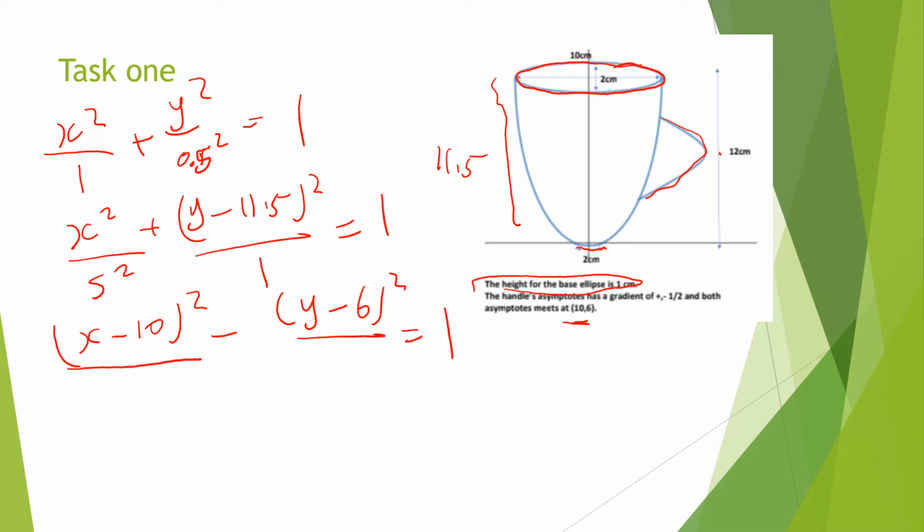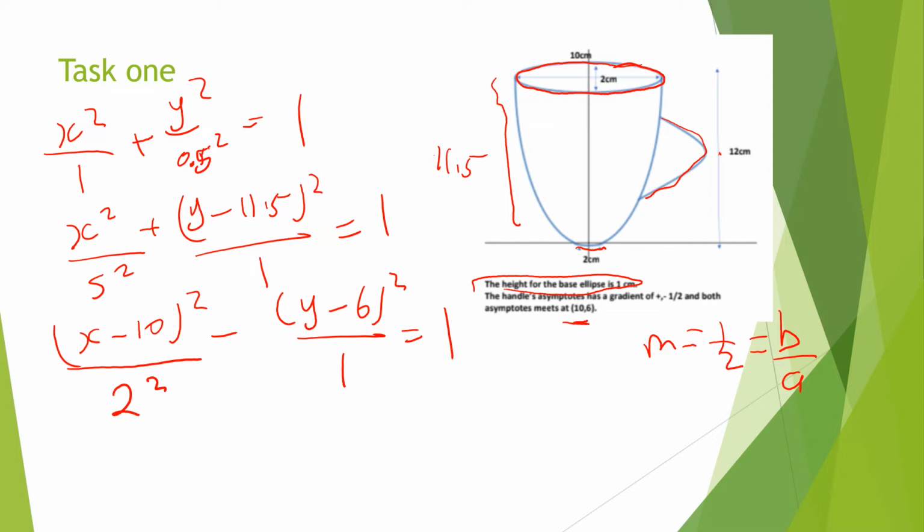And the gradient is equal to half. The gradient is b over a, so b is 1 and a is 2. And that's the hyperbola.